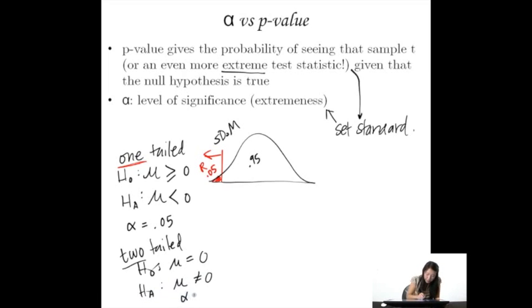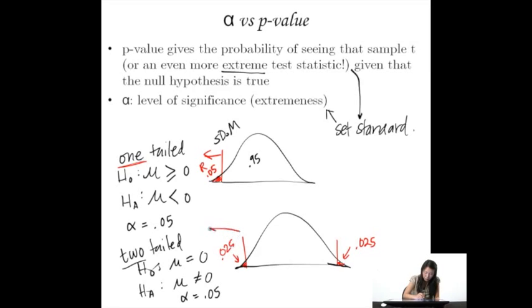If we have alpha equals 0.05 in a two-tailed hypothesis, then we would split up that rejection region into the two tails. So that would be 0.025 and 0.025. We reject there.